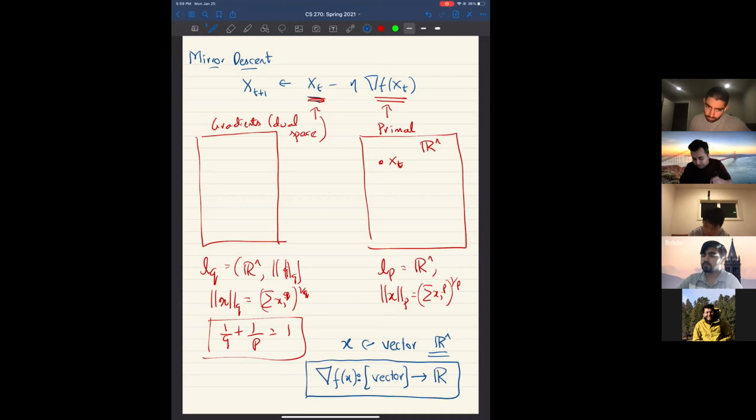Why is a gradient a type which takes a vector and spits out a real number? Well, what is a gradient? What does differentiation let you do? You're at a point. If I tell you some direction to go, the gradient tells you how steep it is in that direction.